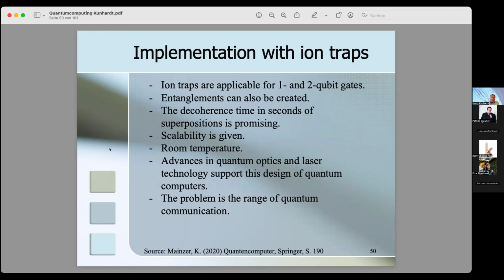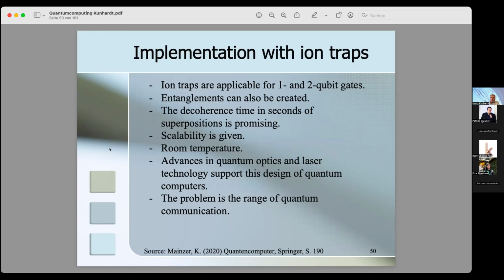Entanglement is very important. It can also be created. The decoherence time is a promising advantage in the world of ion traps. It is scalable, and we can use it at room temperature. So we don't need the very big effort to cool down the system to these very low degrees as in other approaches.